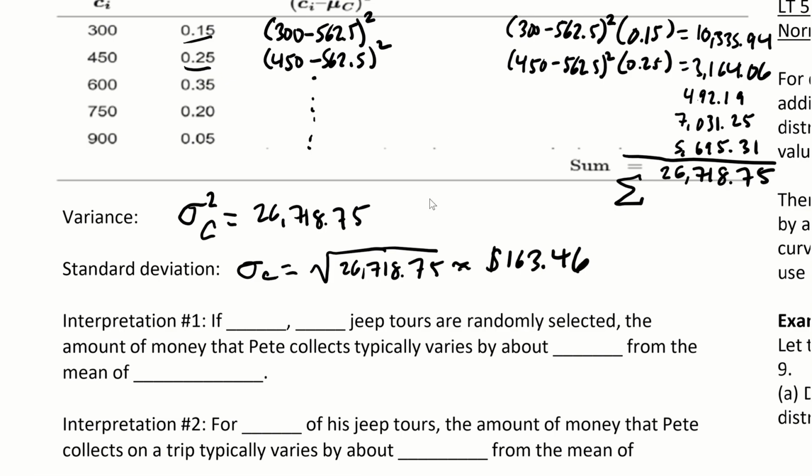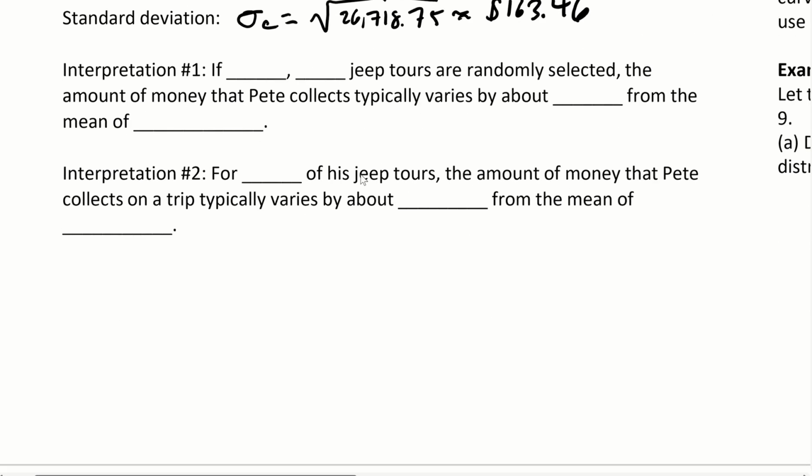Okay, so now that we got that out of the way, let's go ahead and do interpretations for the standard deviation, because we want to be able to interpret it. A lot of stats is being able to interpret the data that we have. So the interpretation number one is, if many trials, in this case many Jeep tours, are randomly selected, the amount of money that Pete collects typically varies. That's the verbiage you want to use, right?